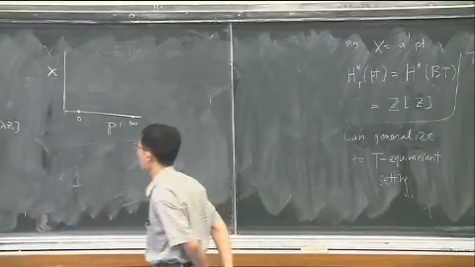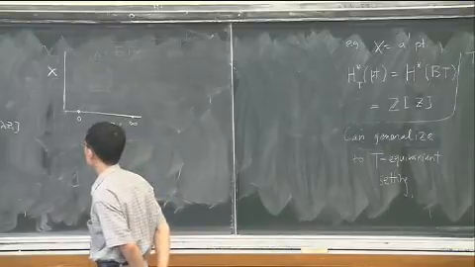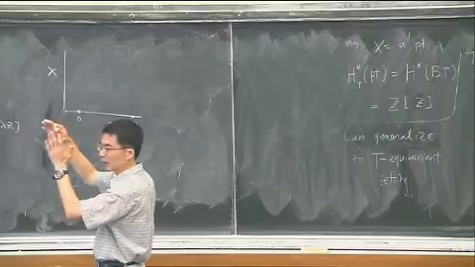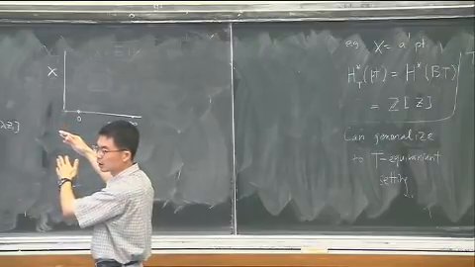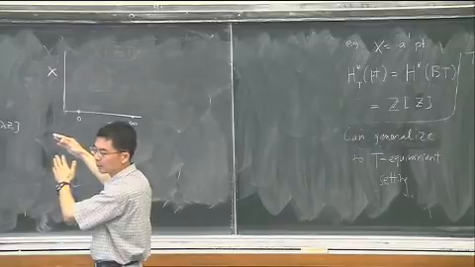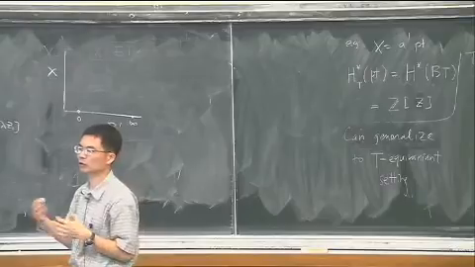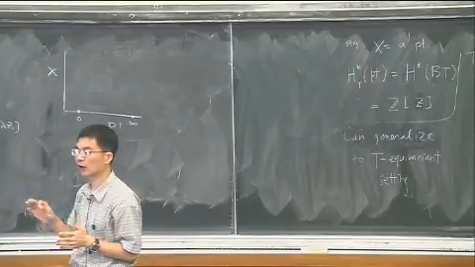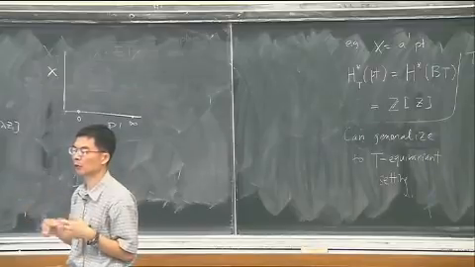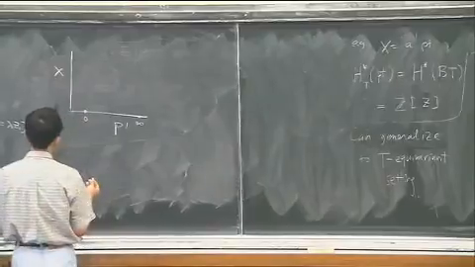So what are the possible fixed loci of this? I take my domain curve and map to this. What could possibly be the fixed map? Remember, fixed map means it's fixed after reparameterization of the domain curve.